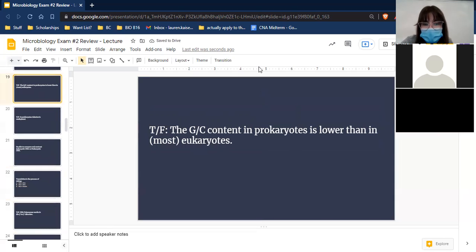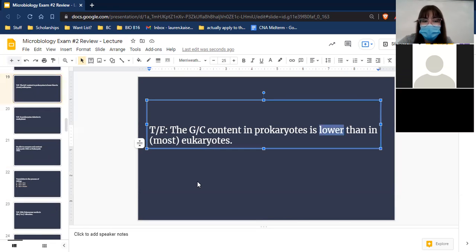Anybody else want to take a shot at it? Well, unfortunately, this one is false. The GC content in prokaryotes is higher, keyword higher, than in most eukaryotes.